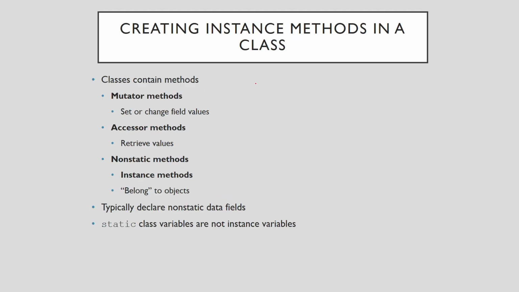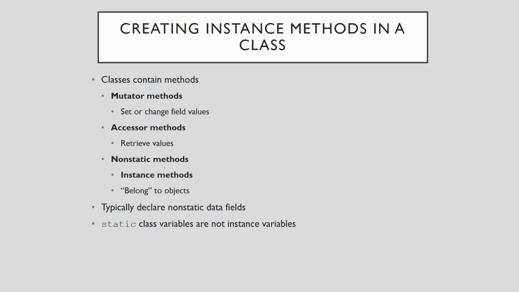Now, our class can contain mutator methods, accessor methods, and any other non-static methods. Mutator methods will be used to set or change the field values. And accessor methods, from the word access, will be used to retrieve the values.